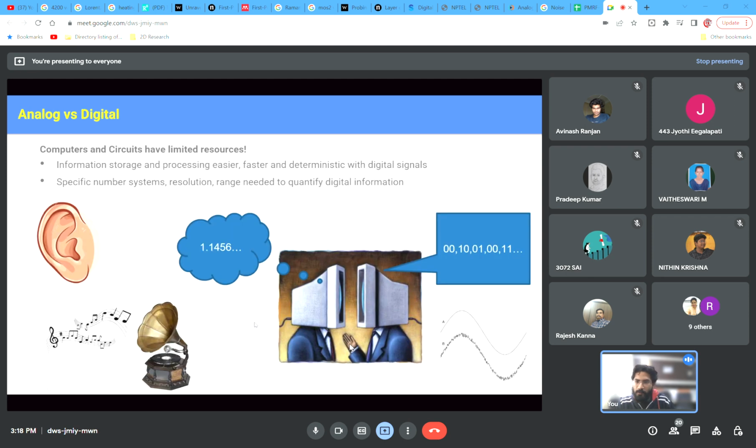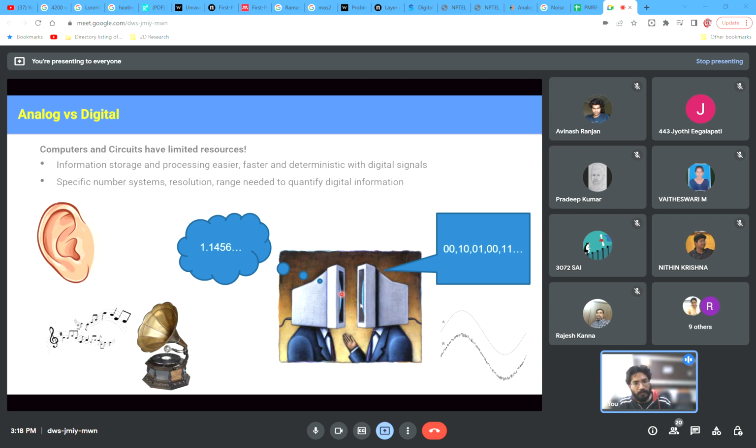So moving on. One more thing: why do we need digital signals when analog are so continuum in nature and so perfect? Here I have used this cartoon to show these two things. Let's suppose this left computer is your analog computer, having information stored in an analog domain and using analog signals to communicate.